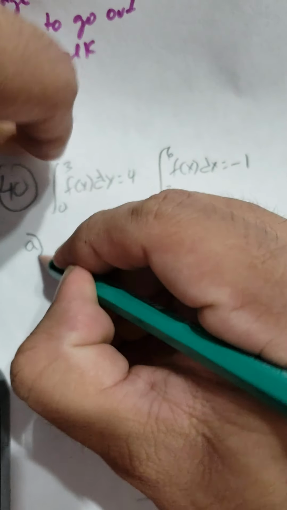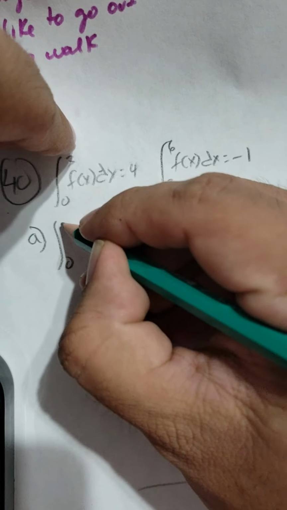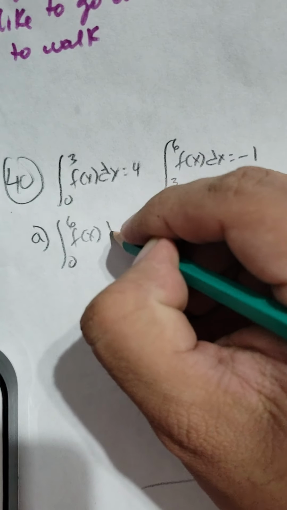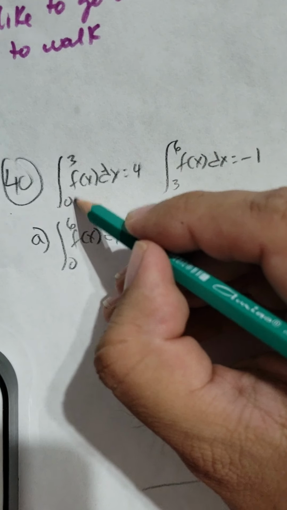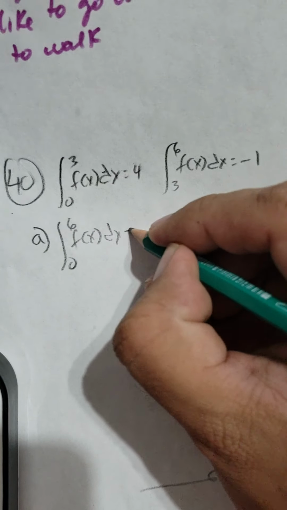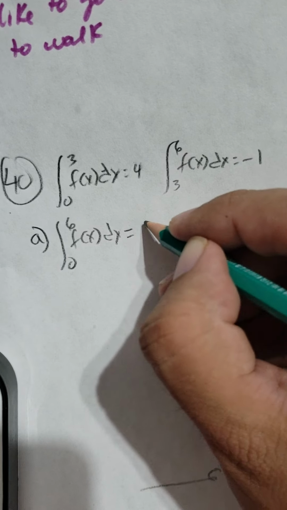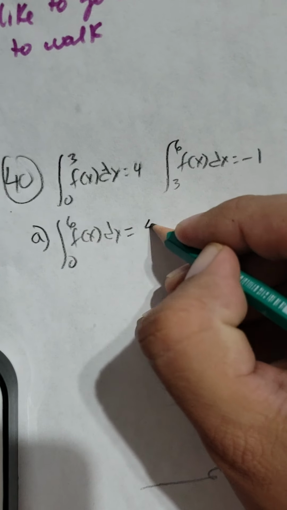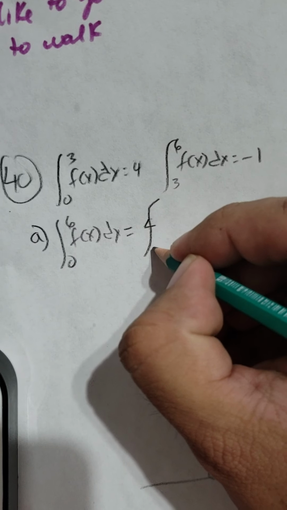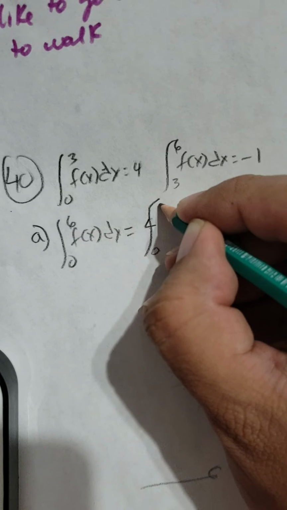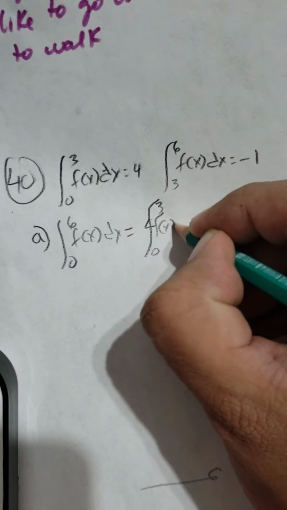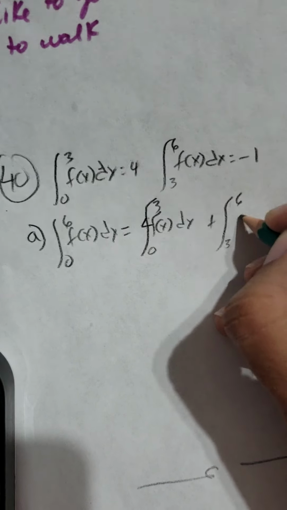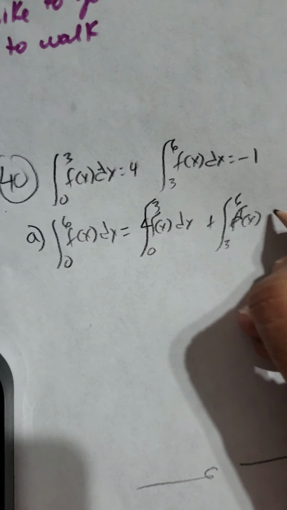Now the first one, a. The integral from 0 to 6 of f of x dx. Notice, this is 0 to 3, this is 3 to 6. Then the result will be this integral plus this integral: the integral from 0 to 3 of f of x dx plus the integral from 3 to 6 of f of x dx.